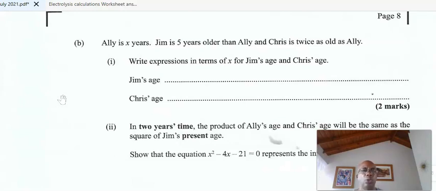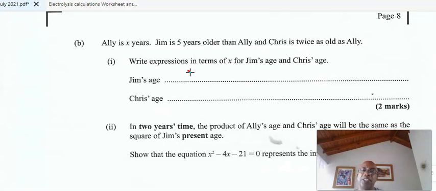So this is really testing your ability to write an algebraic expression based on information given. Here you have to write an expression in terms of x for Jim's age. Since Ali is x years and Jim is 5 years older, you will simply have to add 5 years to Ali's age in order to get Jim's age.